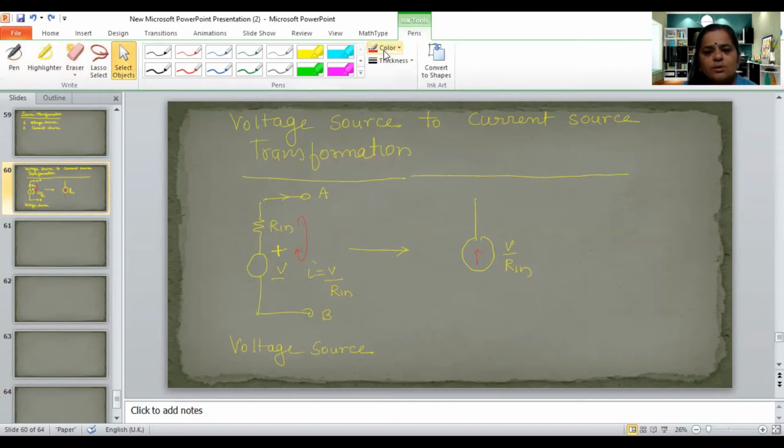By seeing the direction of the battery, we decide the direction of current, and whatever the value of the internal resistance in series with the voltage source, you connect it as it is in parallel with the current source. So that Rin you connect as it is in parallel with the current source.